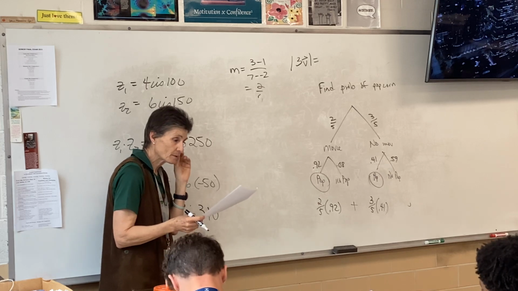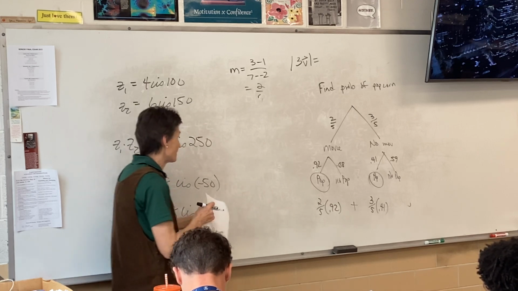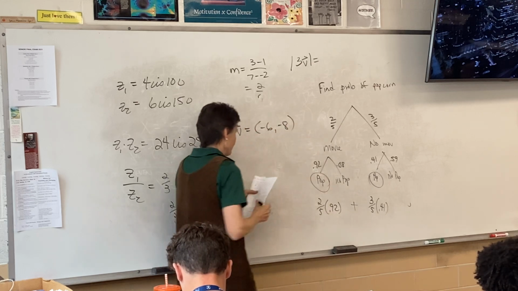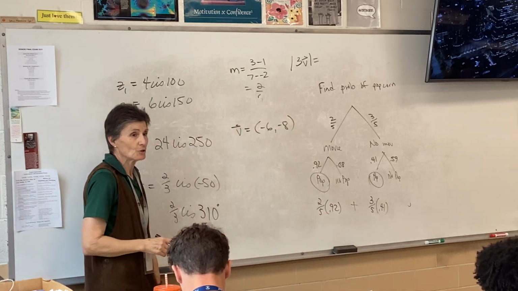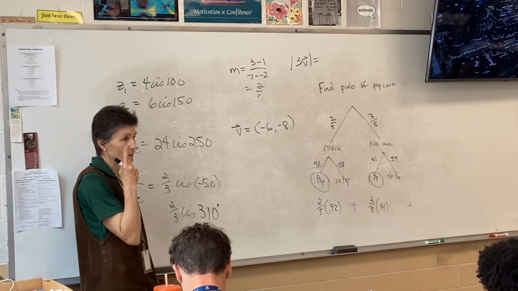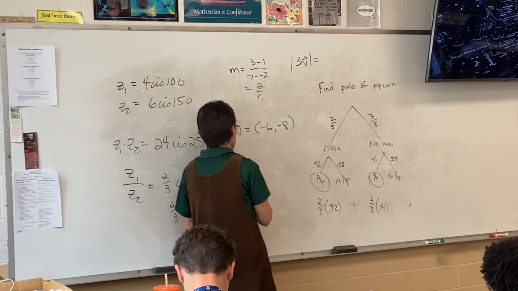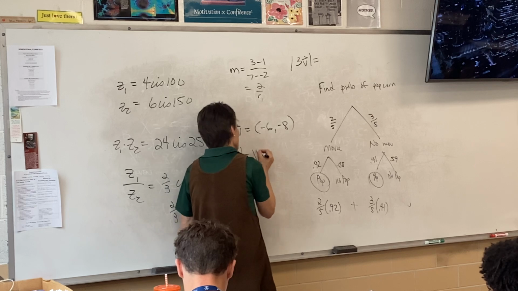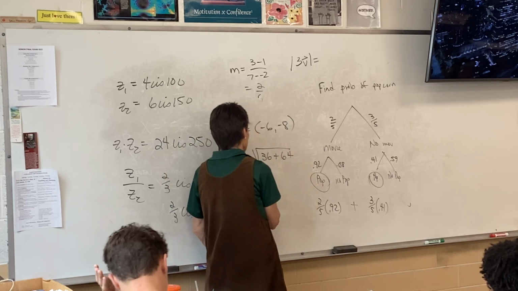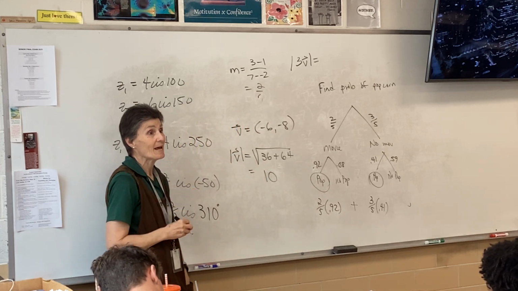Which one? 15. Find a unit vector in the same direction as -6, -8. What does it mean to be a unit vector? Magnitude is 1. Clearly, the magnitude of this vector is not 1. The magnitude of this vector is the square root of 36 plus 64, which is 10. So that vector is 10 units long.